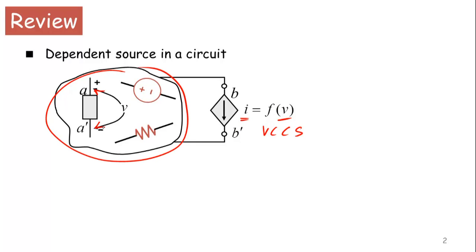So V here is the potential difference between the A prime terminals. And so I can build a circuit containing dependent sources where their variables such as currents or voltages depend on other parameters in the circuit. And we looked at a bunch of other dependent sources such as a current controlled voltage source and so on.